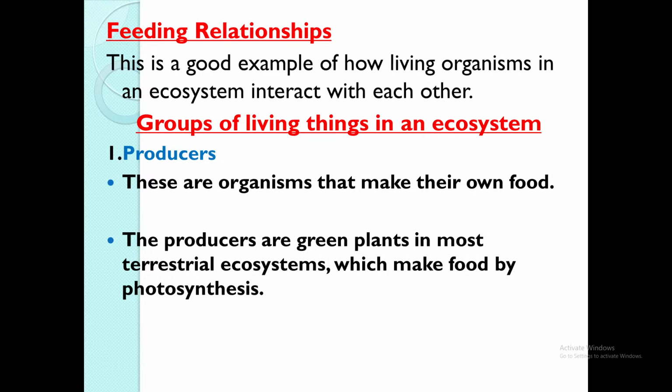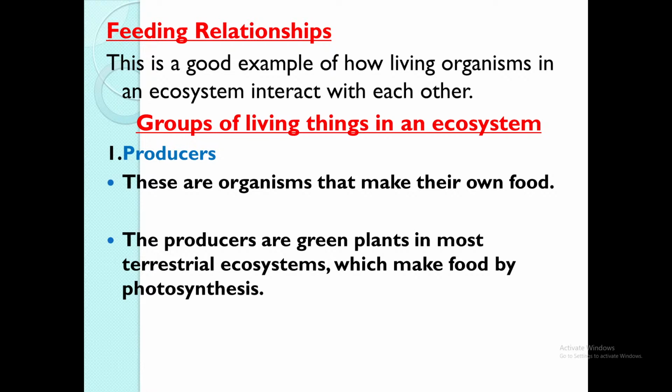Alright, so feeding relationships. This is a good example of how living organisms in an ecosystem interact with each other. Now, as for the food chain, we have different aspects in terms of what each organism is labeled as.